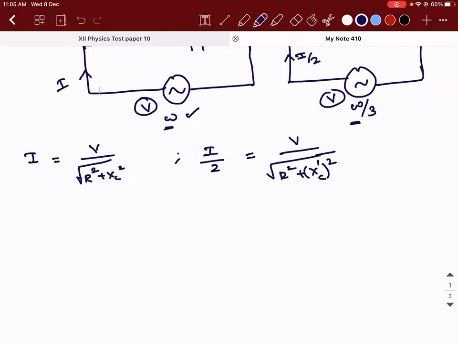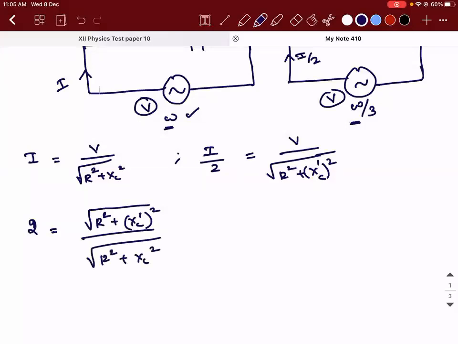So I will divide both the equations. So I divided by I by 2 will give me 2 is equal to root of R square plus XC dash square divided by root of R square plus XC square, which implies 4 times R square plus 4 times XC square is equal to R square plus XC dash square.